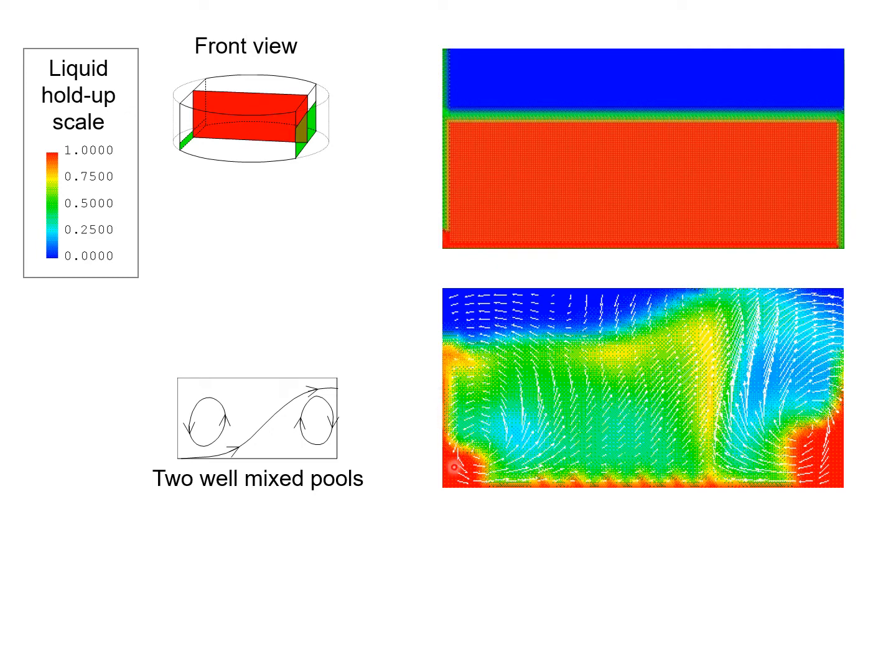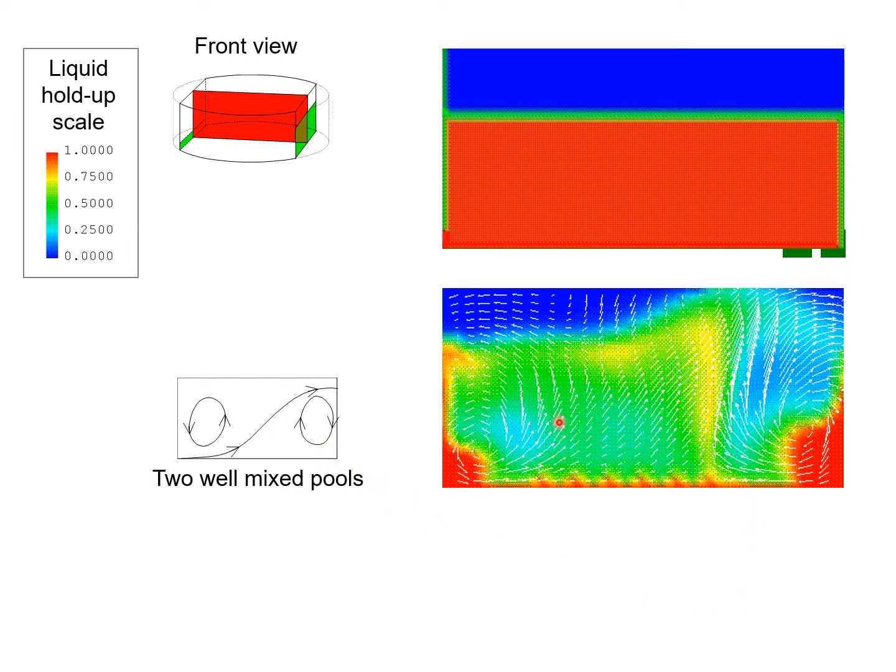This is the inlet, and we see a preponderance of liquid near the liquid inlet. And this is the liquid outlet. Again, we see colored red, indicating that there is a preponderance of liquid near the exit to the downcomer.